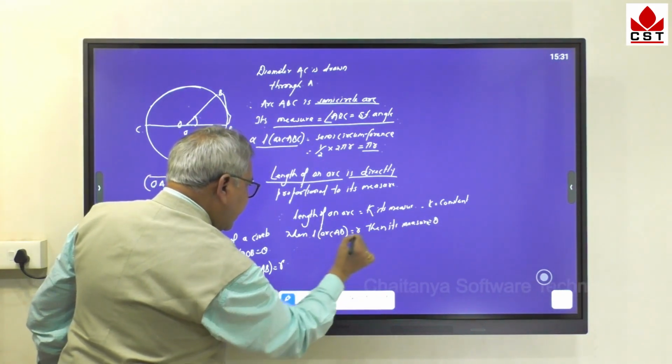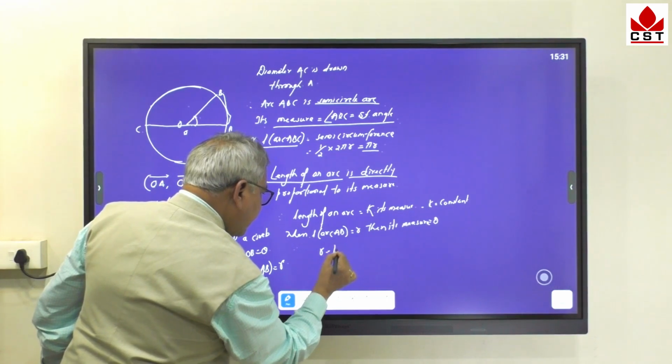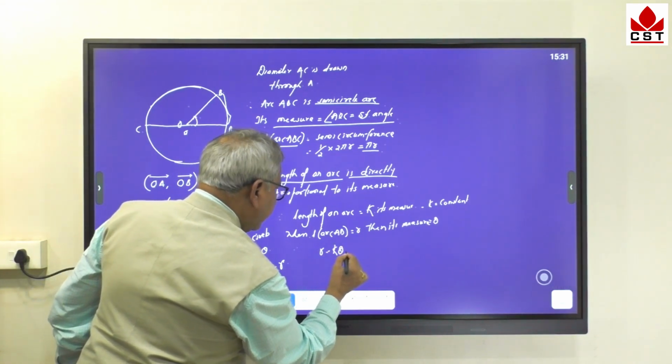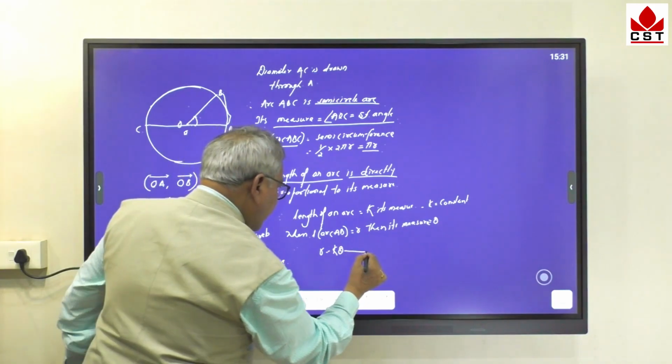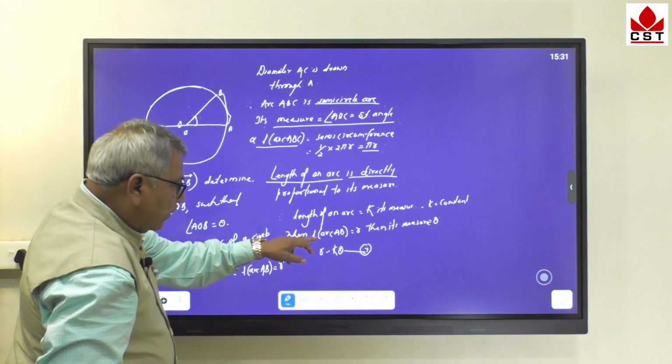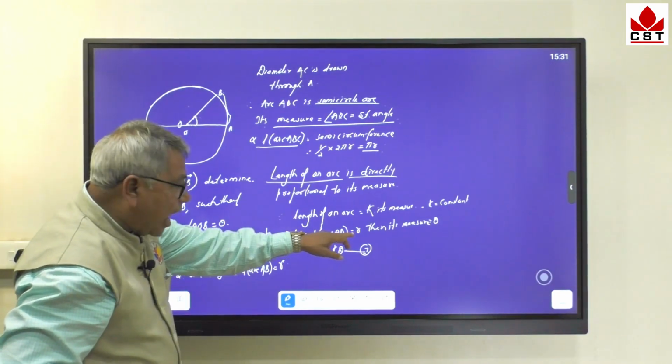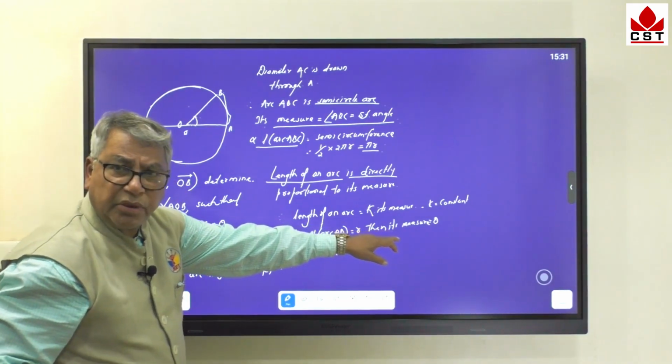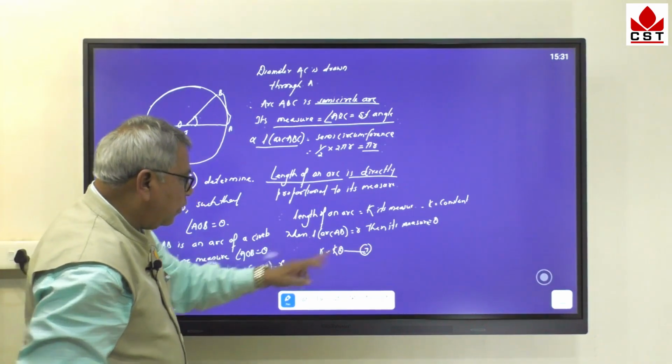Therefore, R is equal to K theta. That is my equation number 1.